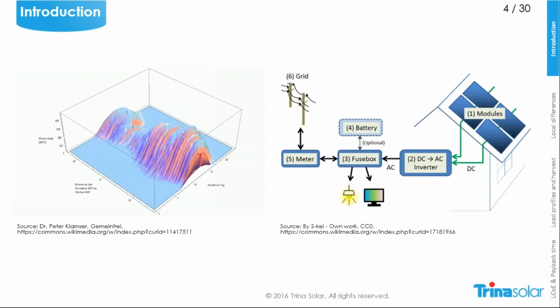First, the introduction. As you can see here on the left-hand side, you have a graph about energy production, the daily one, going upwards, and then from left to right you see the yearly behavior of the sun irradiation as well as the production. That means that based on this, the production is highly flexible and not constant.